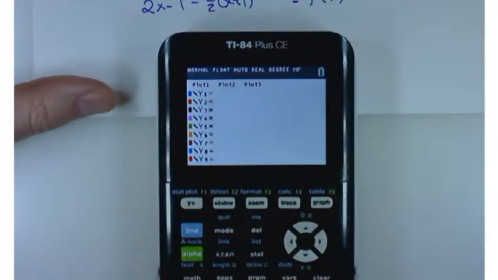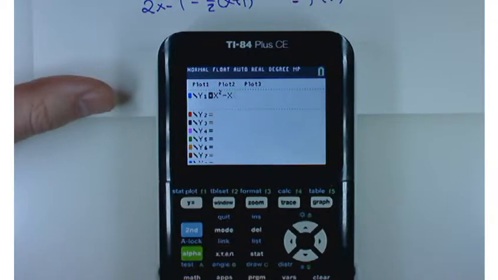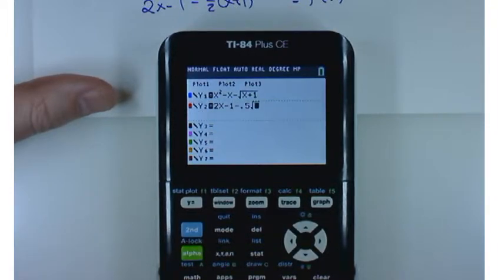So let's see here. We got x squared minus x minus the square root of x plus 1 and 2x minus 1 minus 0.5 times, well, actually, no, not the square root. It's x plus 1 to the negative 0.5.